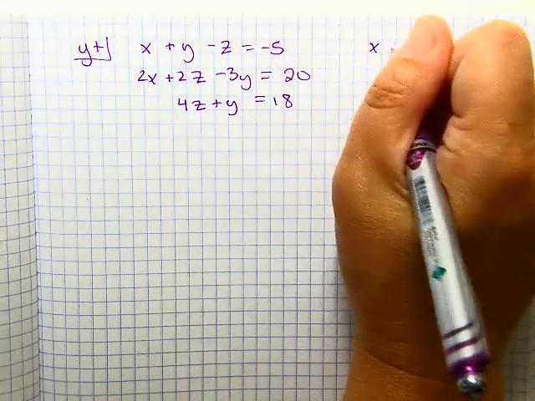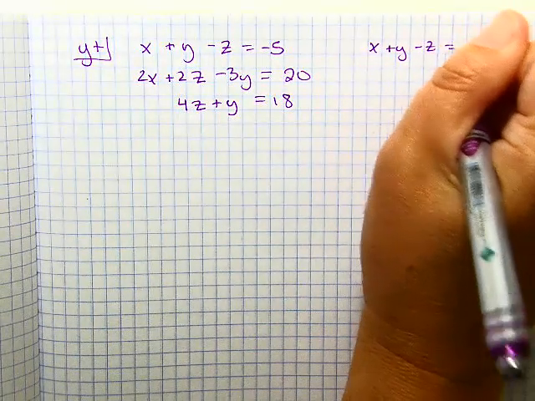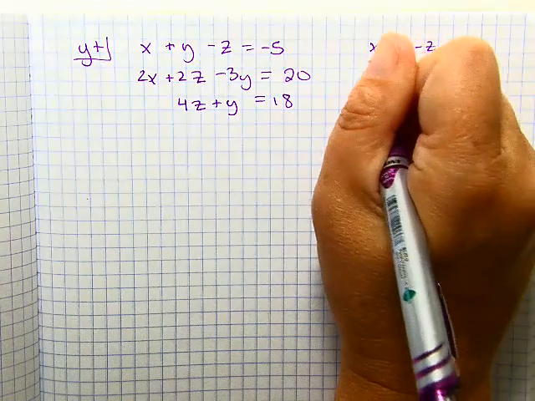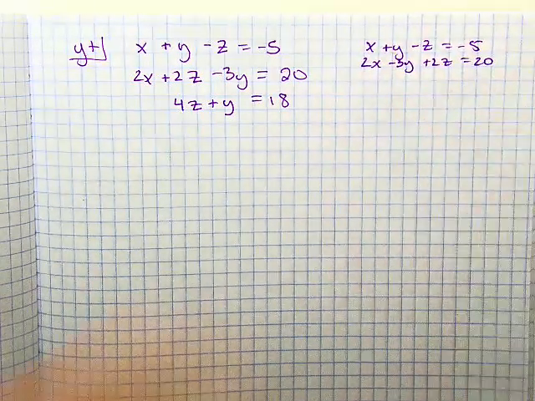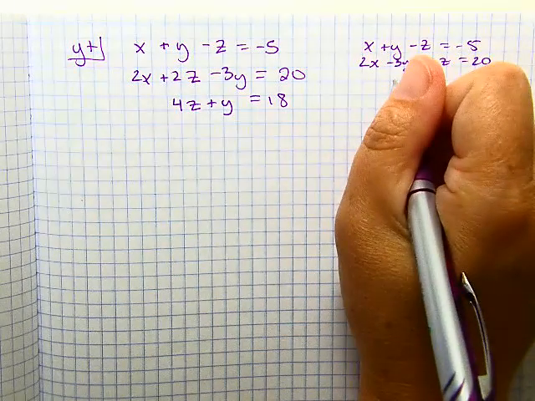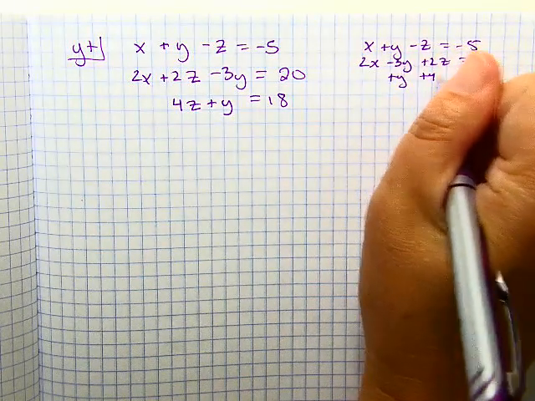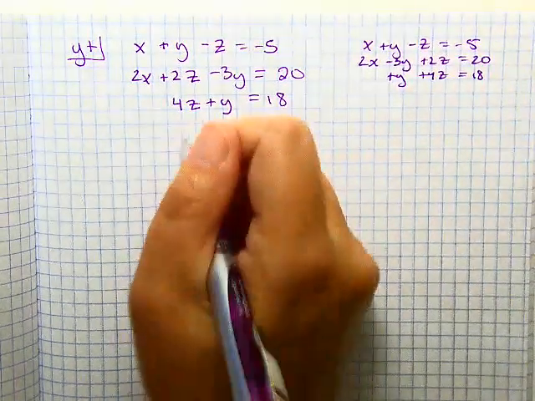So we would rewrite x plus y minus z equals -5. 2x minus 3y plus 2z equals 20. 0x plus y plus 4z equals 18.